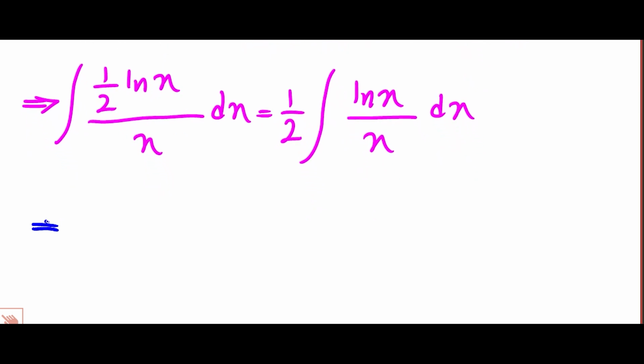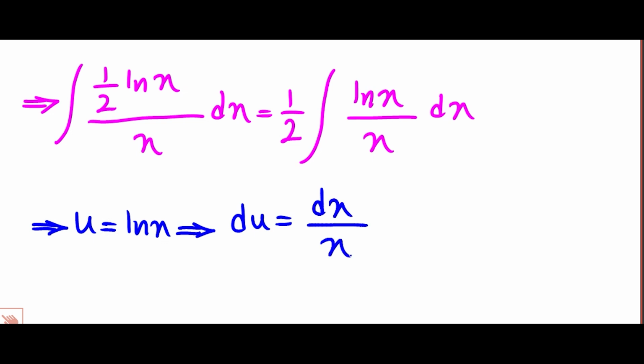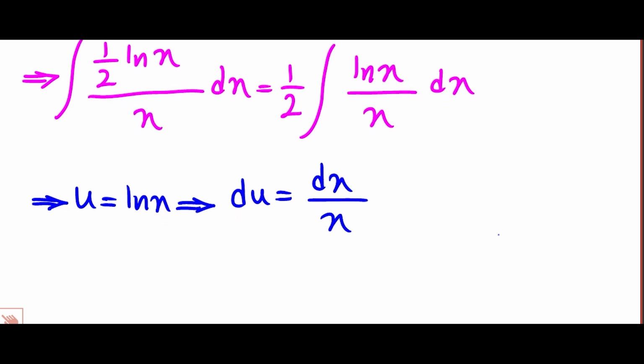Let u is ln of x. If we take the derivative of both sides, we have du equals dx over x. So the integral becomes 1/2 the integral of ln of x is u and dx over x is du, right?